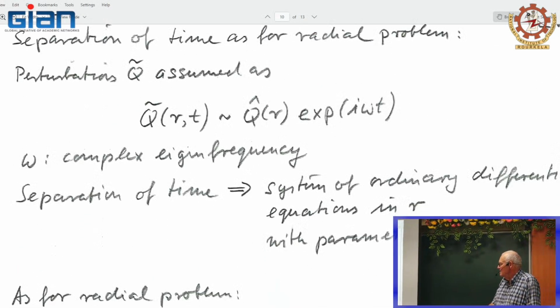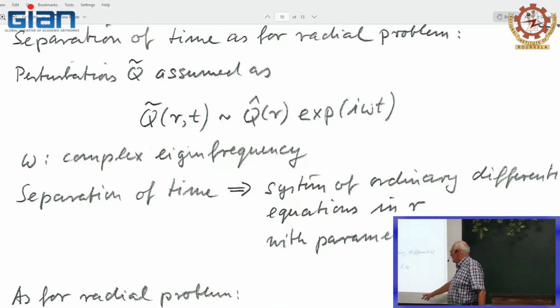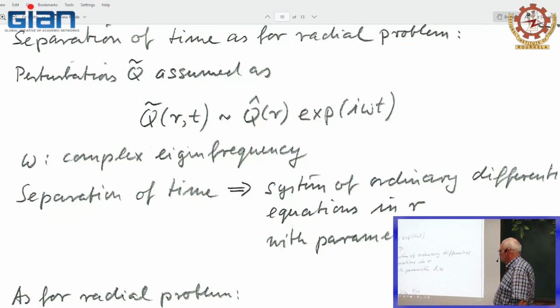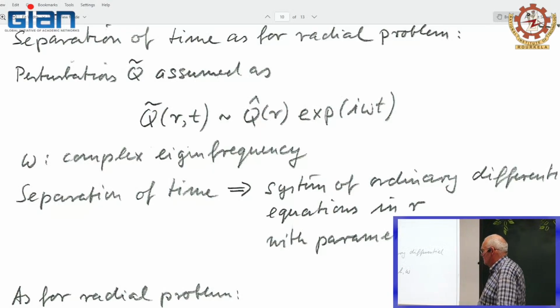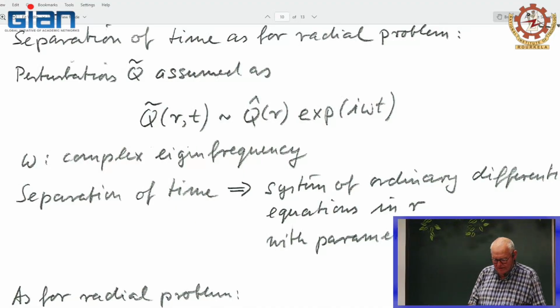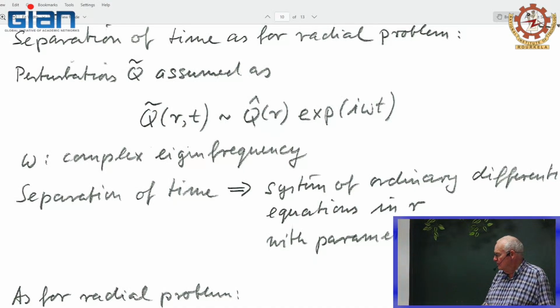So this is the final result with parameters. Parameters now are the harmonic degree and the eigenfrequency omega, as for the radial problem. And there is nothing to be done anymore except for preparing the resulting equations for a numerical treatment.